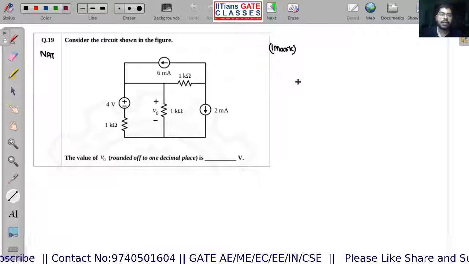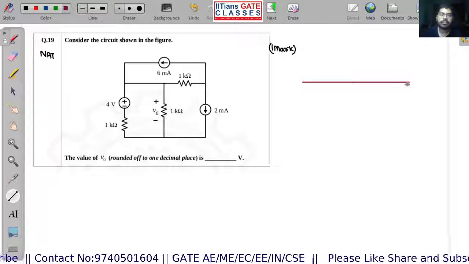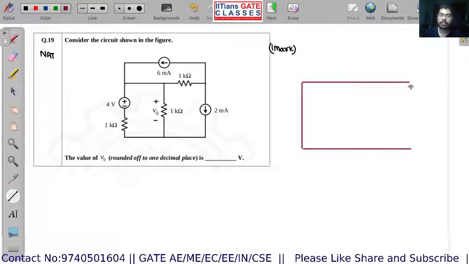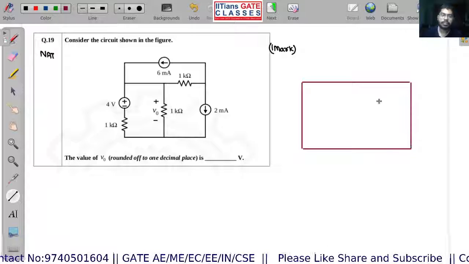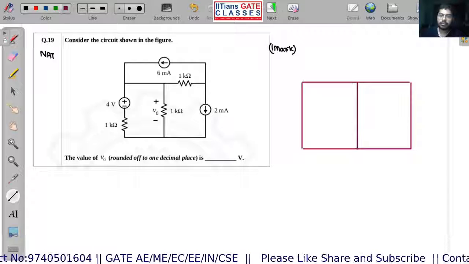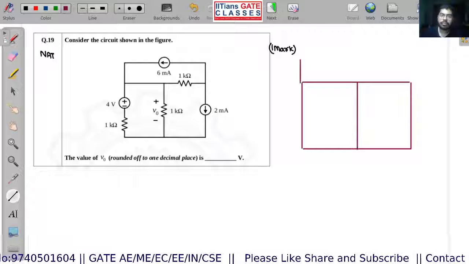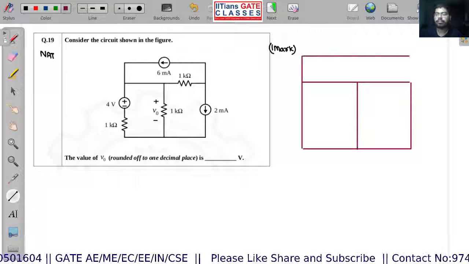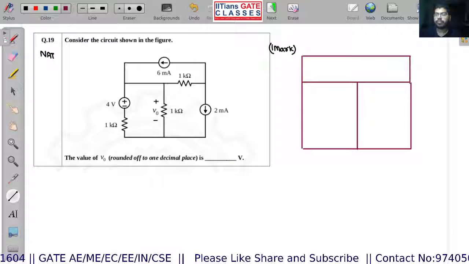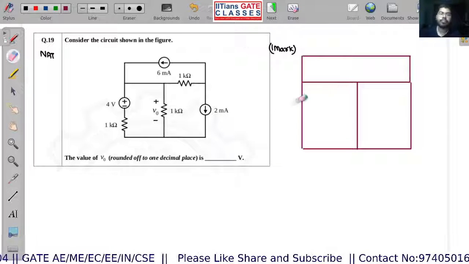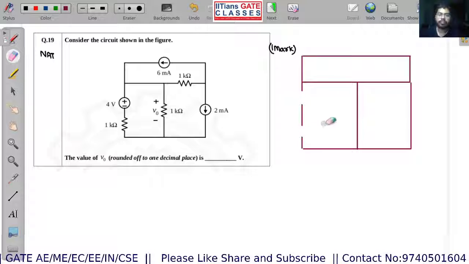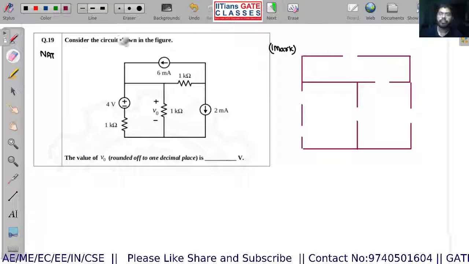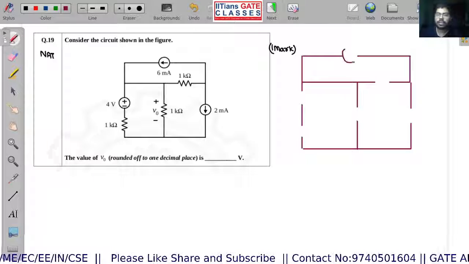So basically let me redraw this circuit once again. Okay, so this is what?